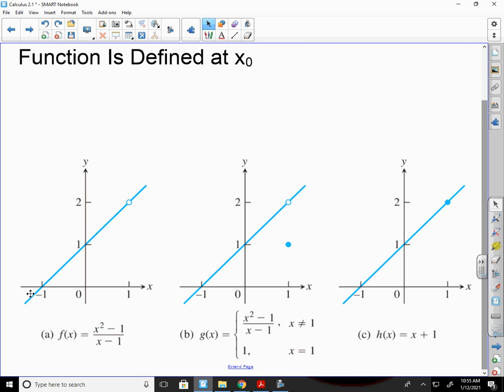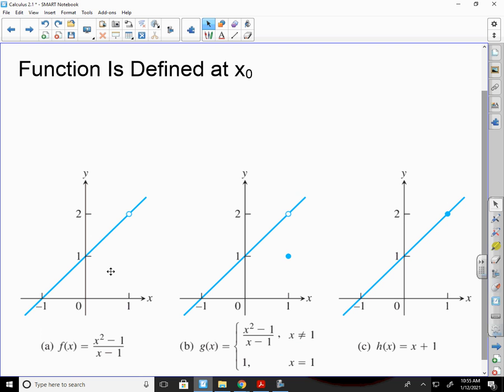And for this first one, it doesn't matter that my point is undefined. If I'm looking at where it's getting closer to as I approach that point, it's getting closer and closer to 2. So our function is getting closer and closer to 2 as x is getting closer and closer to 1.